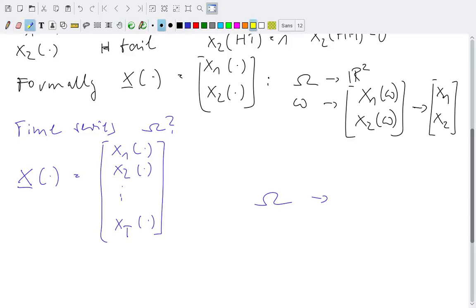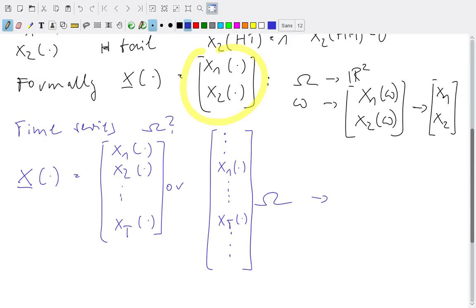It's very similar to what I've done in the coin tossing example. We may also want to consider the situation that this vector has not just T elements, but, in Hayashi's notion, a vector that contains infinitely many elements. So the random variables in my stochastic process start somewhere in the infinite past and go on until infinity. That would be the collection of random variables that we consider.